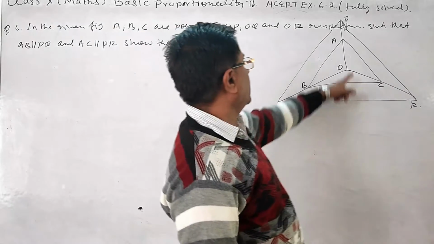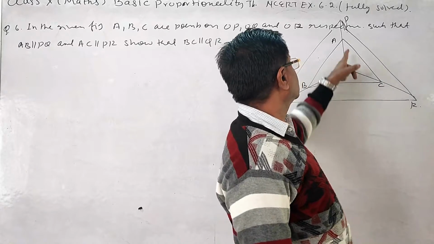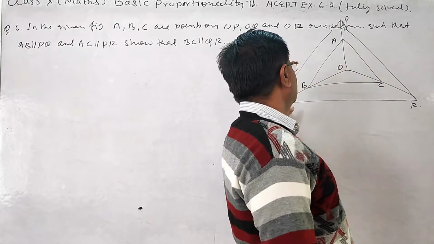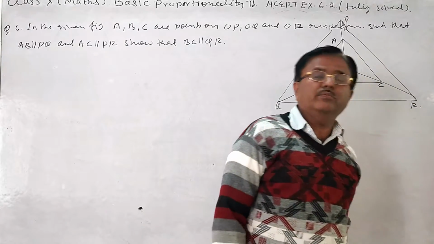So we are given a triangle PQR and one triangle inside, ABC. So say this AB parallel to PQ and AC parallel to PR. Then we have to prove that BC is parallel to QR.